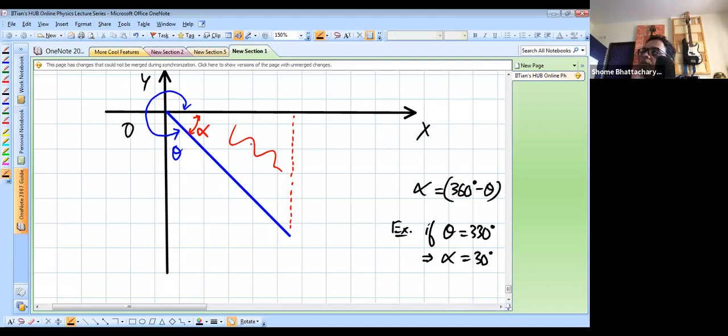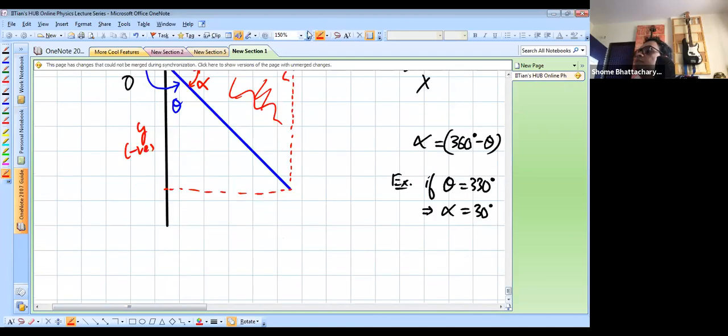Secondly, you can see that this projection here is my x, which is positive, and this projection here is my y, which is negative. So now let us concentrate on this right angle triangle and understand the geometry of this one. You will get similar formulas like we've been doing till now.